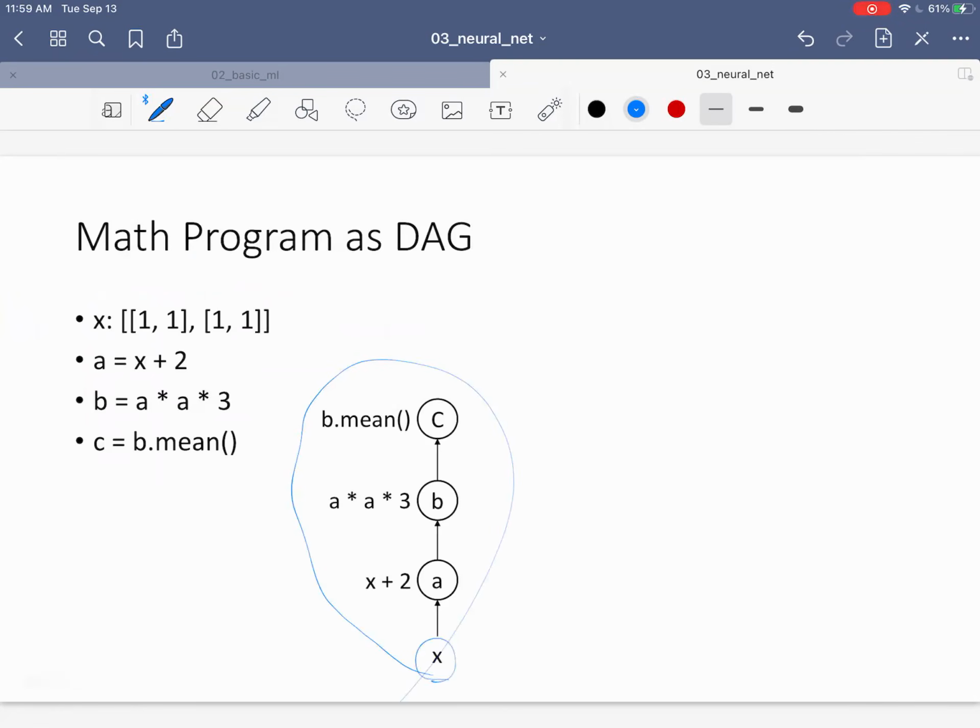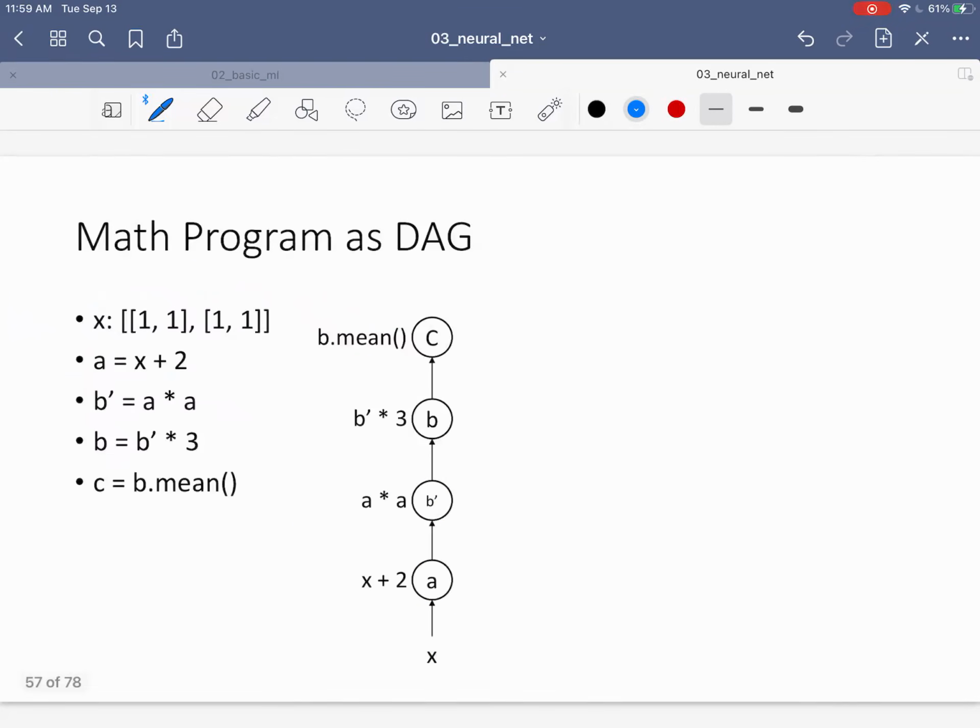There's the X input, the first node is A, the second node is B, and the third node is C. But since node B is a bit complicated, inside PyTorch it'll actually be broken down into two steps: A, B prime, B, and C. B prime is just the power, A times A, and the actual B is multiplied by a constant 3. Then you get a final operation, mean. So let's assume that this is your DAG.